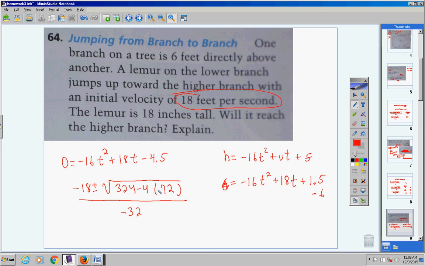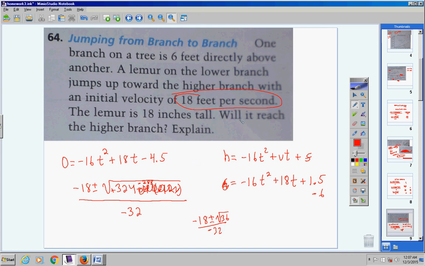Now, inside the radical, we have a negative 4 times a positive 72. If you multiply those, you get a negative 288. So all of this right here became negative 288. So we have a positive 324 and a negative 288. And when we combine those two numbers, we get a positive 36. So I would have a negative 18 plus or minus the square root of 36 all over negative 32.